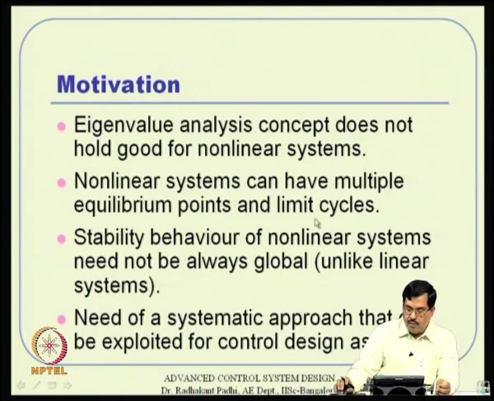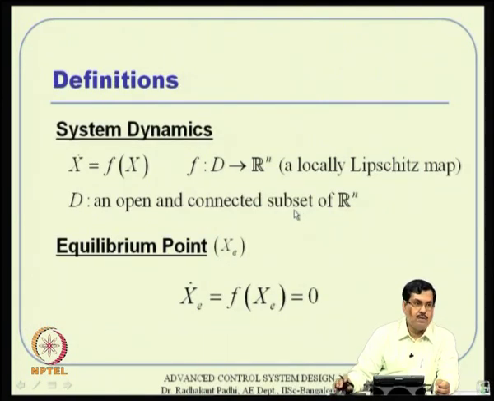And there is the need for a systematic approach that can be exploited for control design as well. That is what we are mostly worried about. We not only want to have an understanding or analysis technique, but we are also interested in exploiting the same to design control systems for practical usage. So, that is another motivation. With all this motivation in place, we will study some definitions and concepts, and then see how we exploit this.